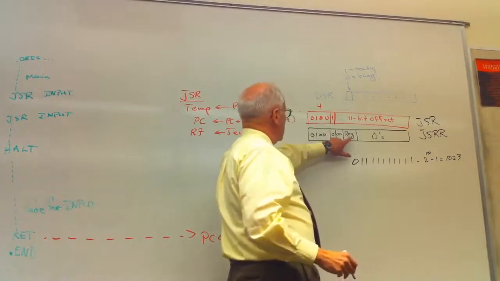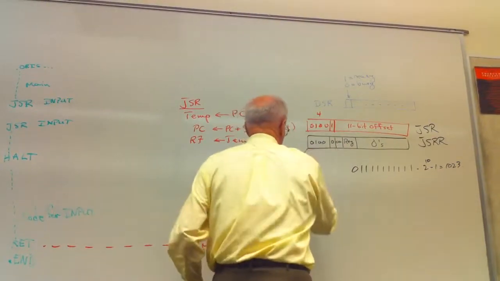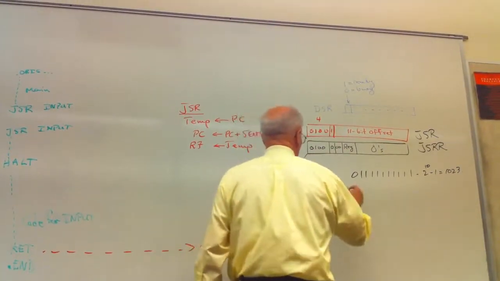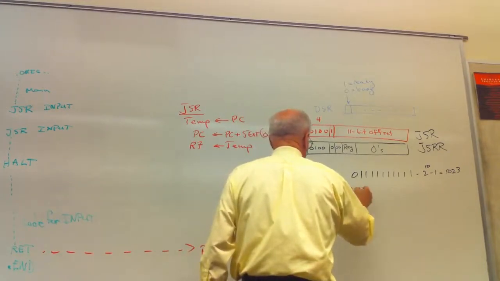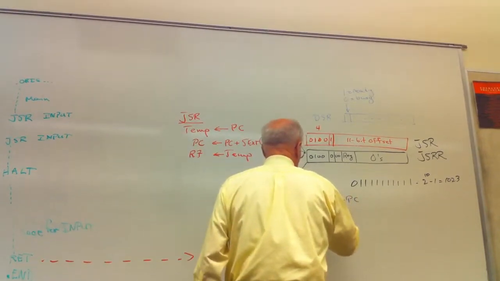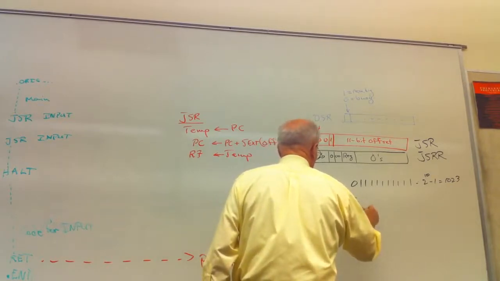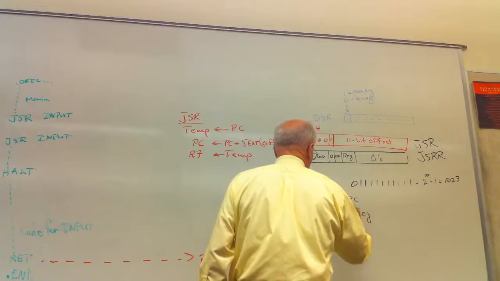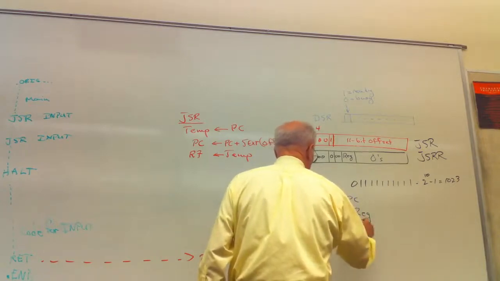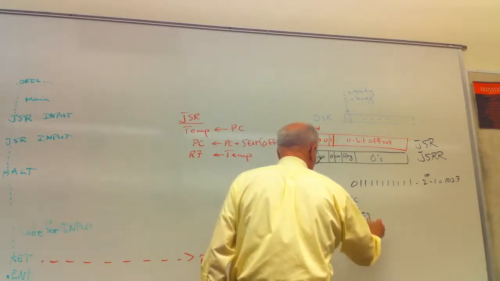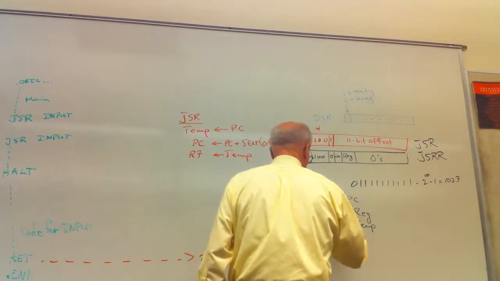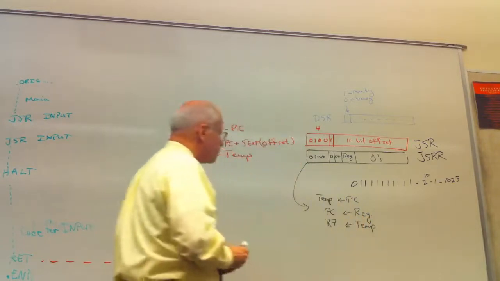What it does is this one does the following. Again, it copies the PC into the temporary location, and then it copies the contents of that register into the program counter, and then the temp into register 7.